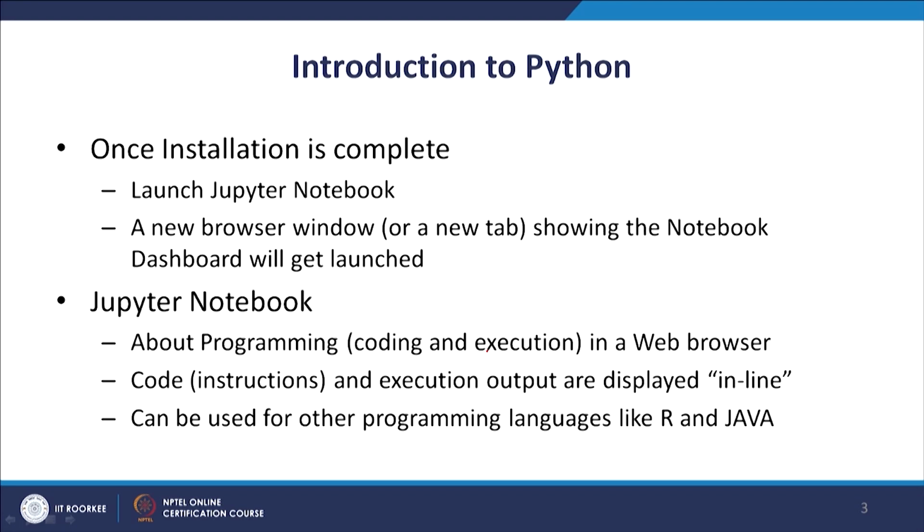So, that will get automatically launched. Once you click on Jupyter Notebook in the start button or the search box in the taskbar, you will be able to launch Jupyter Notebook. A console window will open, and in your default browser a new tab would open where you will see the notebook dashboard.